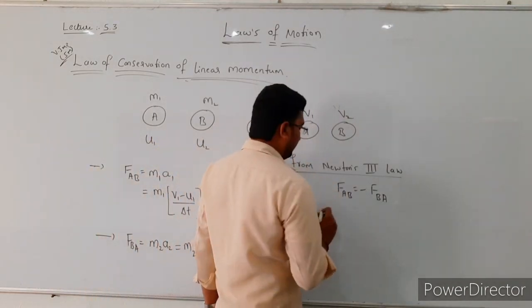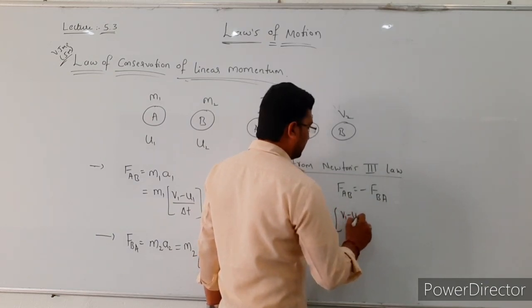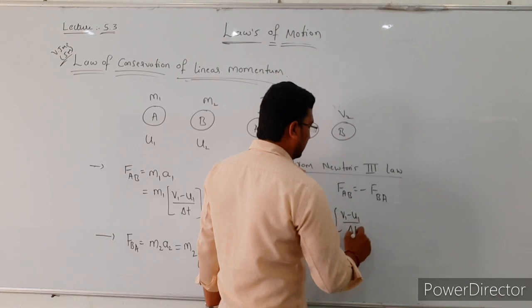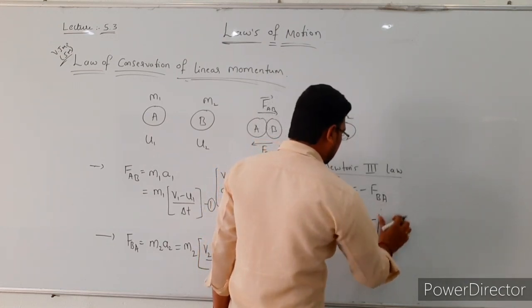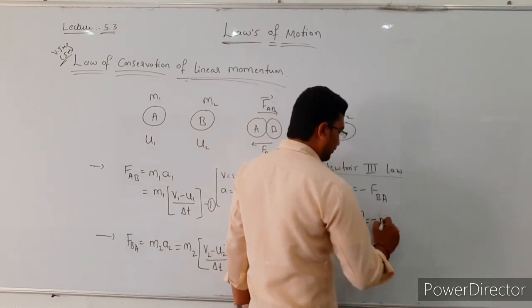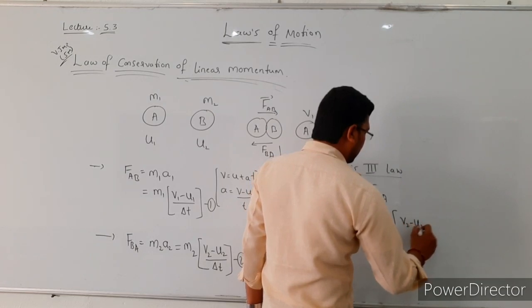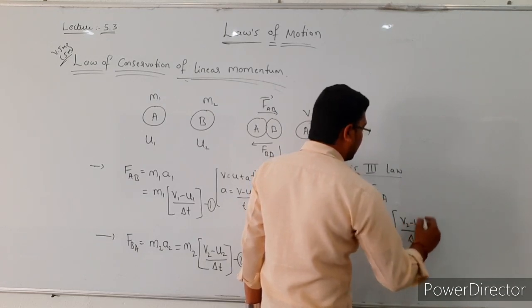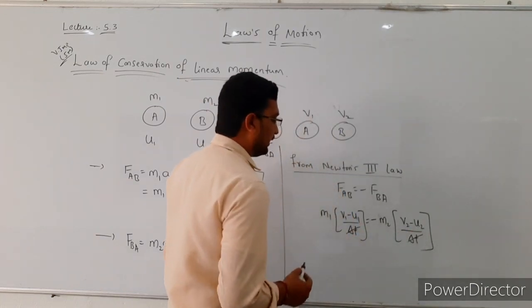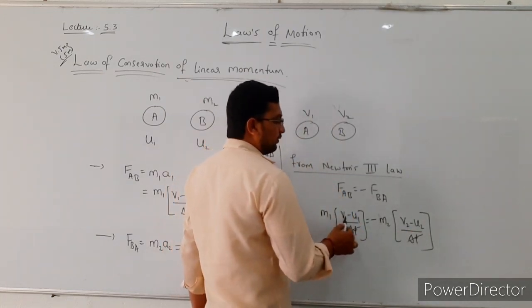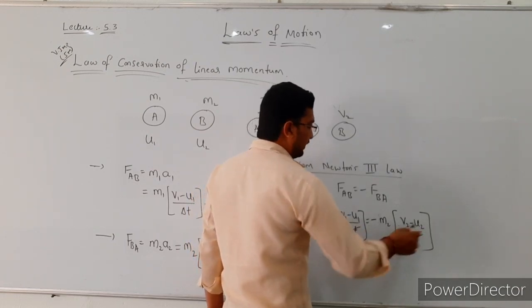F of AB, that is m1 bracket of v1 minus u1 divided by del t, is equal to minus m2 bracket of v2 minus u2 divided by del t. In this case the del t on both sides gets cancelled. The remaining is m1 bracket of v1 minus u1 equals minus m2 bracket of v2 minus u2.